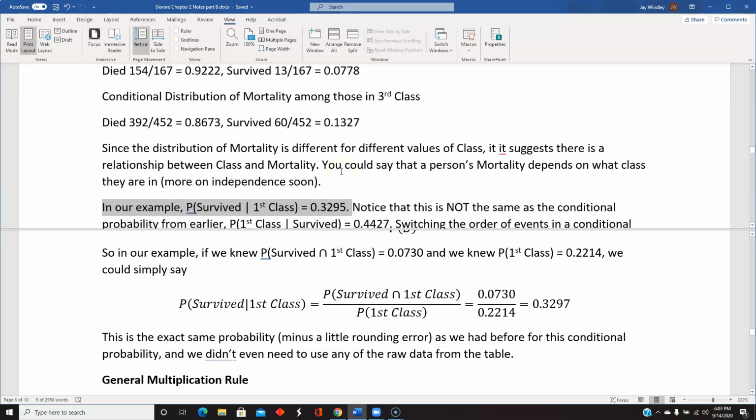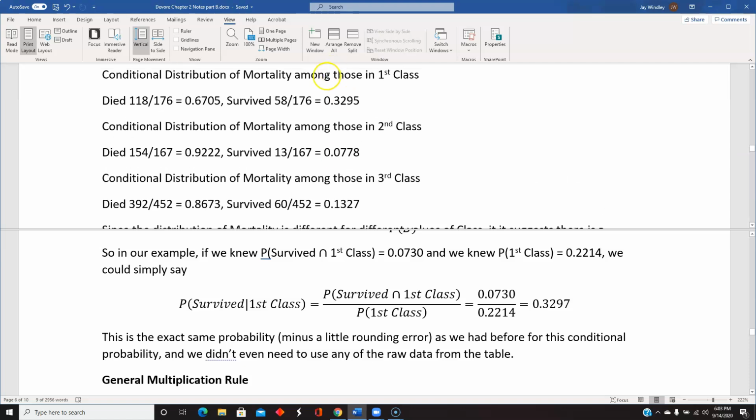But notice where that 0.3295 came from is this fraction, the survivors among those in first class. So given that someone is in first class, the probability that they survive is 0.3295. This is getting it from the raw data, 58 people out of 176, while this is getting it from the formula and dividing the right two decimals.